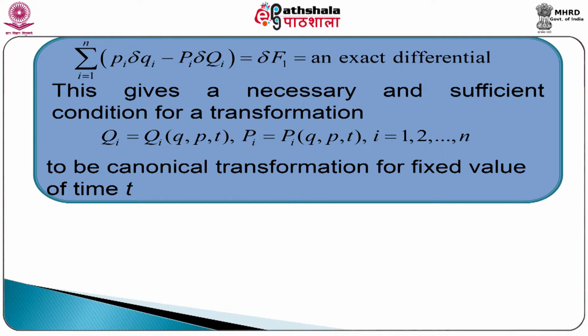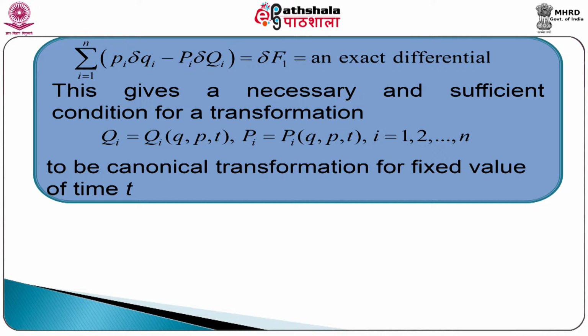Setting dt equal to 0, we get summation over i equal to 1 to n of p_i delta q_i minus P_i delta Q_i equal to delta F1, an exact differential.